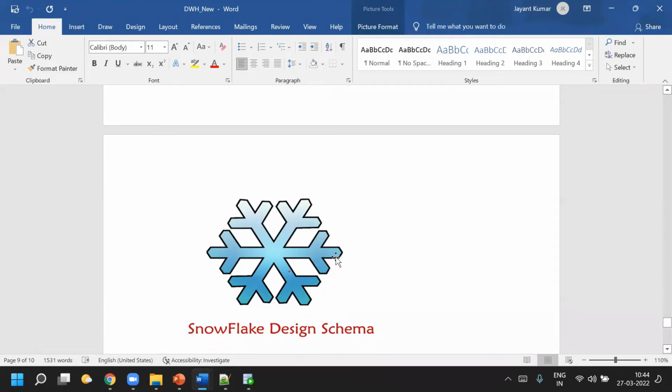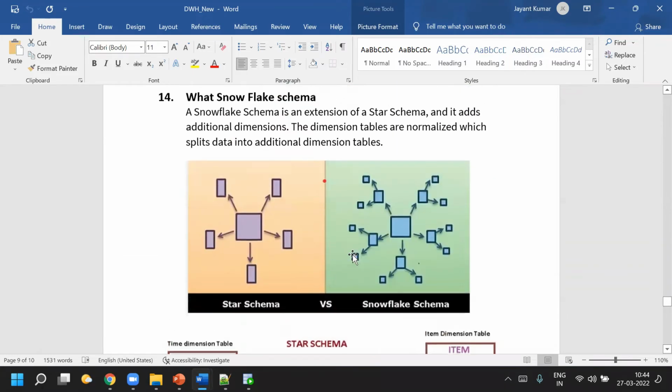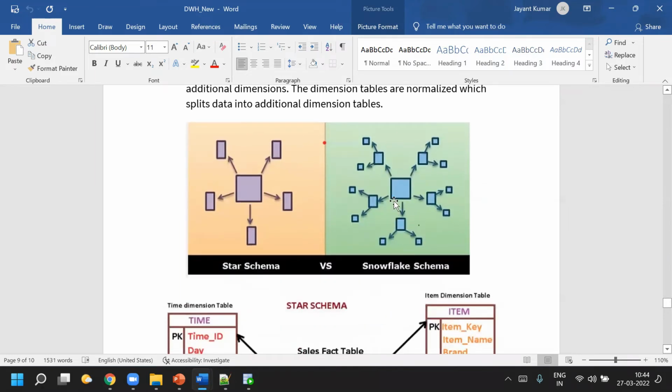If you see snow through a lens, you will see the design is like that, so a snowflake schema is also designed like that. This is the star schema, and this is the complex or simple snowflake schema. It looks like snow, that's why it's called a snowflake schema.